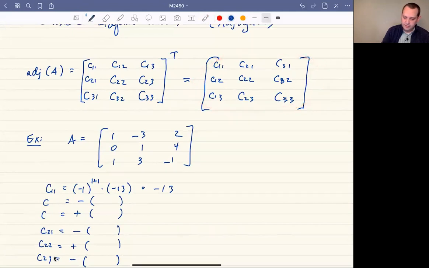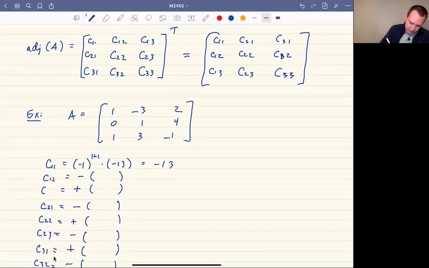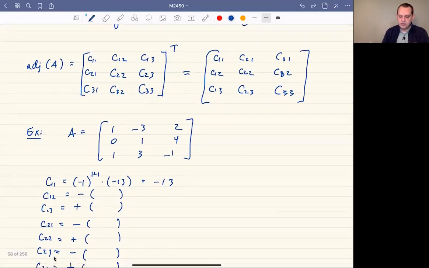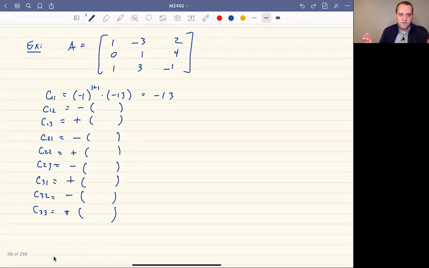This should be C12, C13. That will give us the matrix of all the cofactors, and then we'll take the transpose to get the adjoint. At the end of the video, we'll talk about the purpose of this. What does the classical adjoint tell us? It turns out it is actually useful.